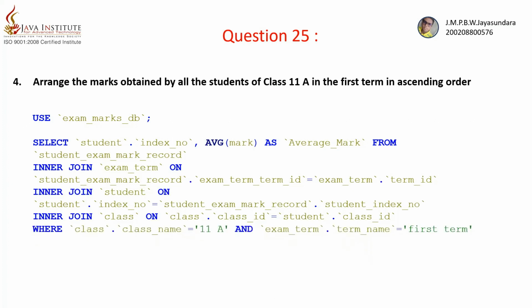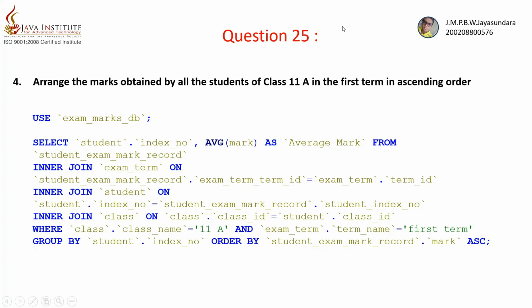Then we have given the condition as class table's class name must be equal to 11A and exam term table's term name must be equal to first term. And then we have grouped this by student index number column. After that, we have ordered this by student exam mark record table's marks column in ascending order.